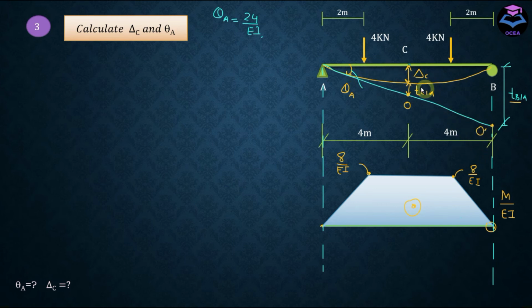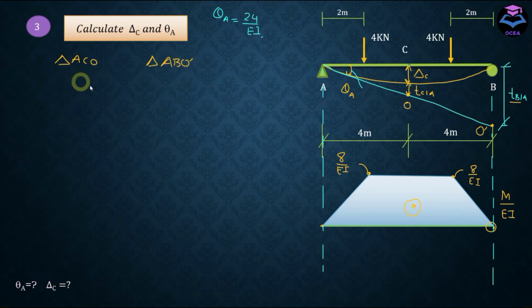And in order to find delta C, we are going to use the property of similar triangles. So we have two triangles here, ACO triangle and ABO dash triangle.